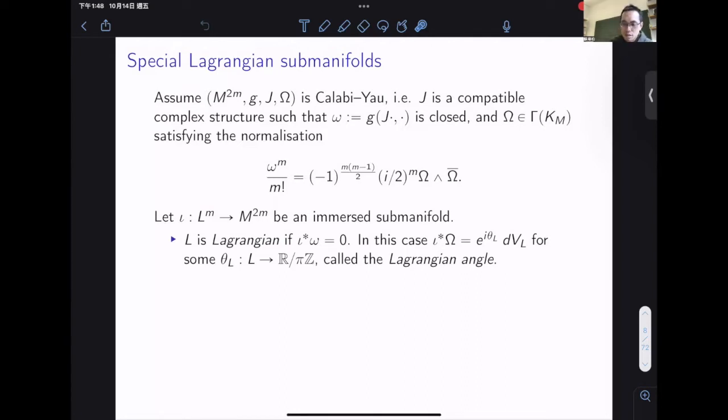In this case, one can show that if we pull back the capital Omega, then what you get is some unit complex number times the volume form of L, assuming L is oriented. Here we can write this unit complex number as e to the i theta_L, where theta_L is the phase of this complex number, called the Lagrangian angle.